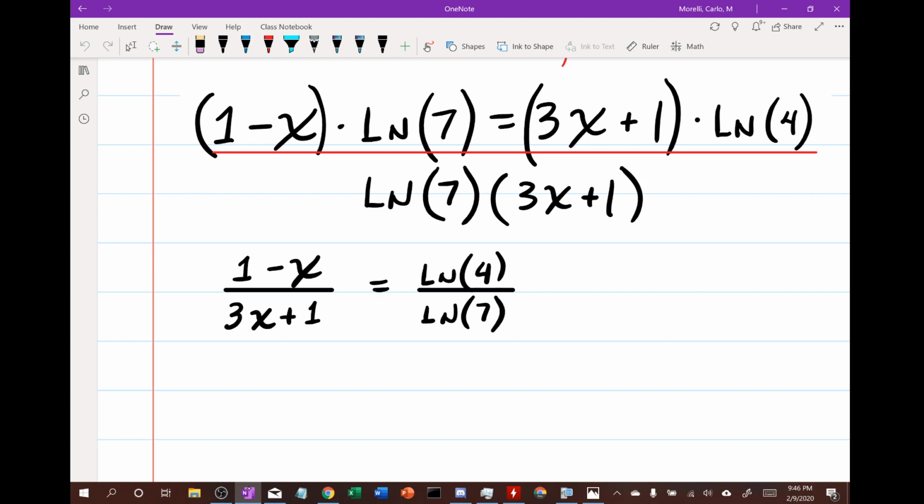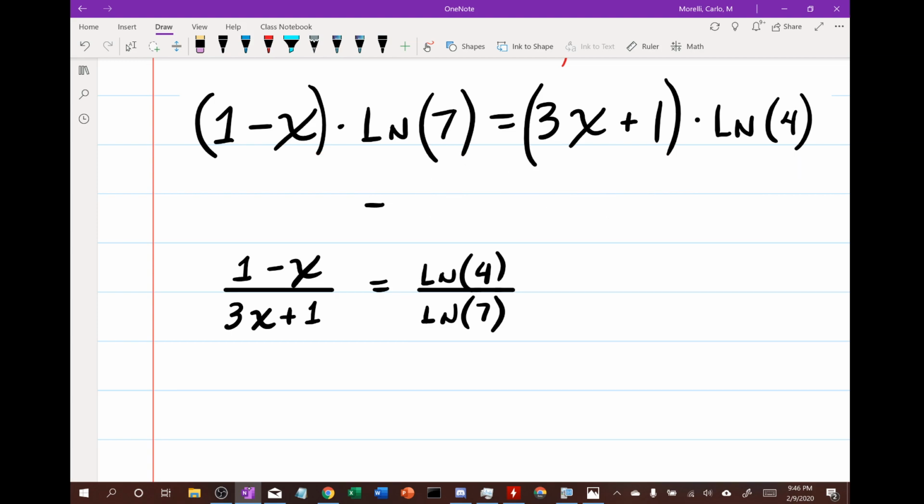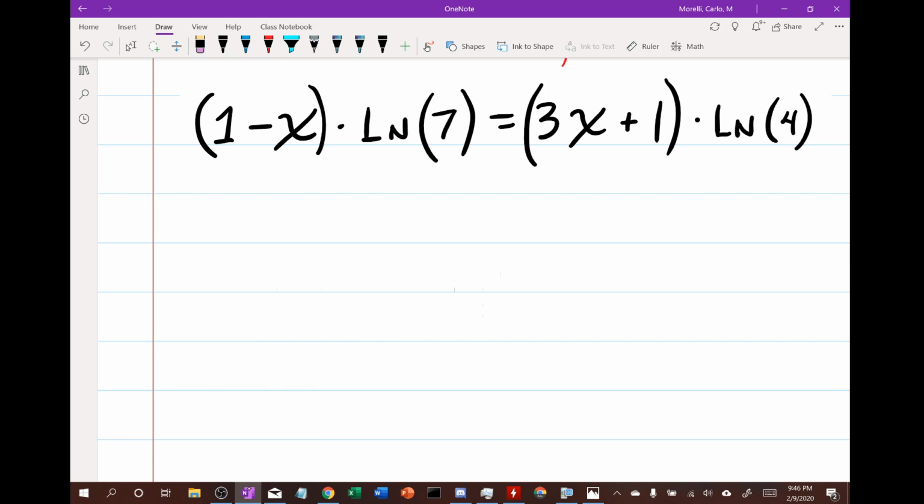Okay. So I see what they wanted us to do was distribute, multiply the ln into each term inside the parentheses.